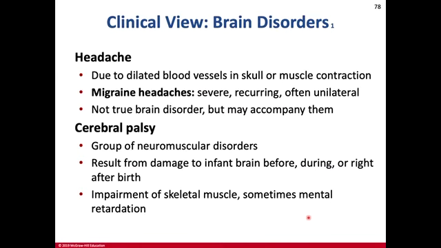Cerebral palsy is an umbrella term that basically refers to trauma to the brain. Okay, it results from damage to the infant brain before, during, or immediately after birth, and we see impairment of skeletal muscle control, and we see sometimes cognitive deficit. Okay, inability to learn. All right, learning problems.